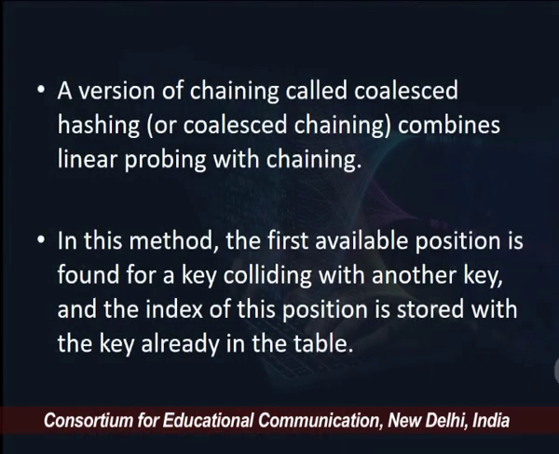So, one version of chaining is called coalesced hashing or coalesced chaining, which combines linear probing with chaining. That means chaining is definitely there, but in the first place linear probing is being done. In this method, the first available position found for a key colliding with another key is allotted to the colliding key, and the index of this position is stored with the key already in the table.